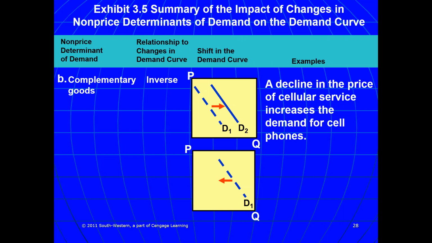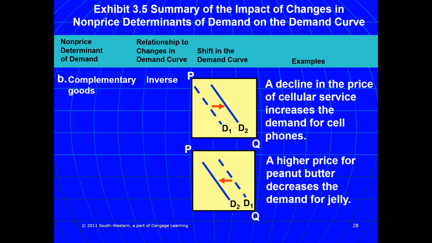If peanut butter is really cheap and people start buying more peanut butter, they might buy more jelly too, because those complement each other. On the other hand, if peanut butter gets super expensive for some reason and people don't eat as much peanut butter, that might decrease the demand for jelly. So don't get mixed up between substitute and complementary goods and how the price of one impacts the demand for the other.